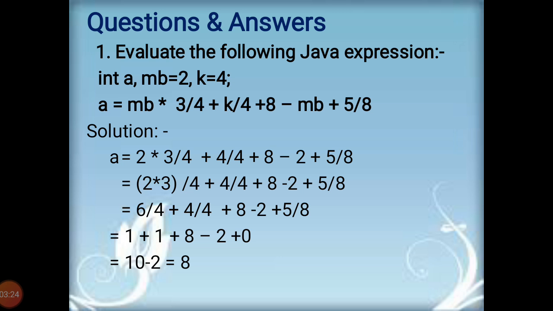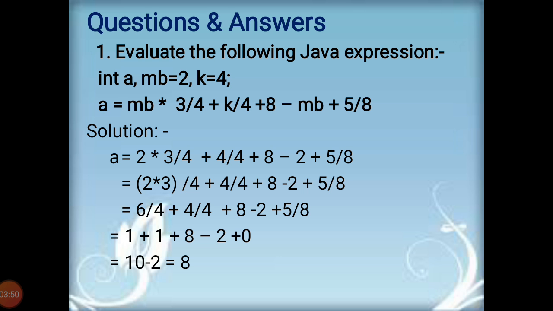This expression contains many arithmetic operators. Students, keep in mind, if you do not follow the precedence of operators in this question, we will definitely get the wrong result. So always remember the precedence: first multiplication, then division, then addition, then subtraction.